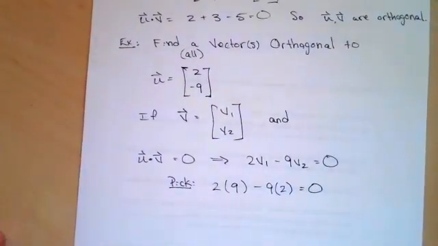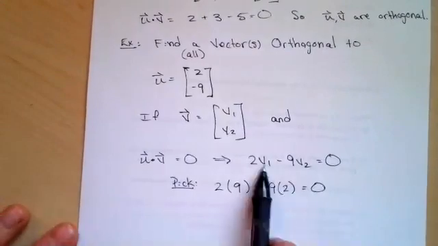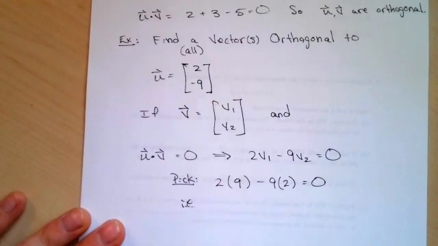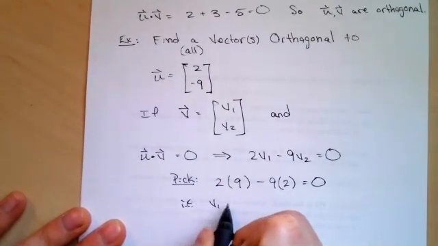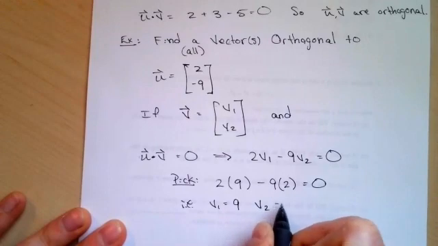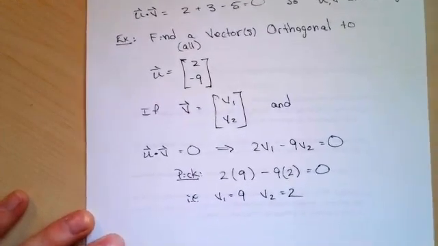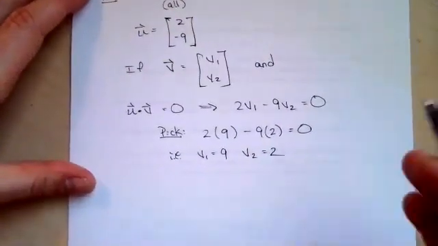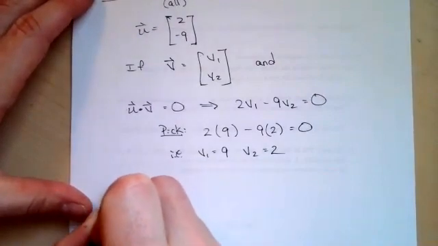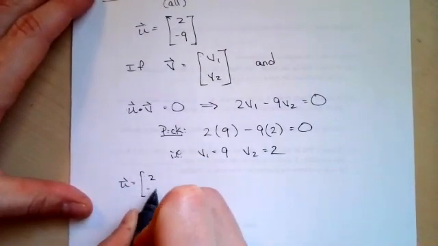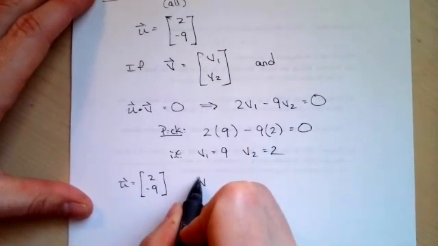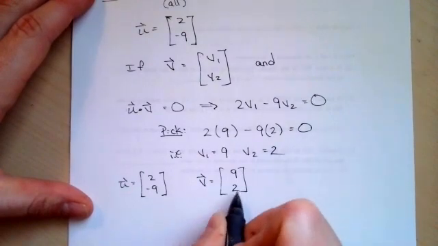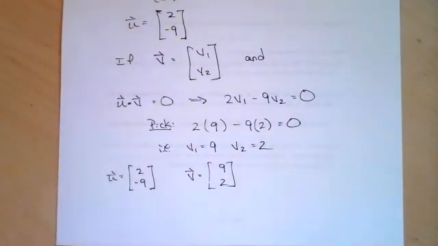I know that will work in giving us a 0 just by our properties of multiplication. So what we chose there, v1 equals 9, v2 equals 2. So this will give us one choice and find one orthogonal vector. So notice now that if we started with our vector (2, -9), all we had to do was flip the coordinates and then make one of them a negative of what it was.